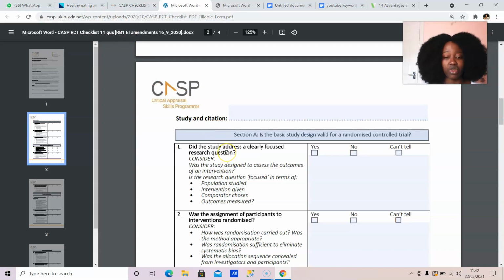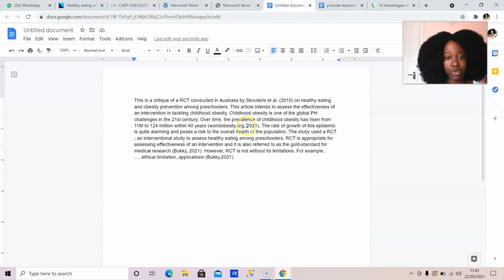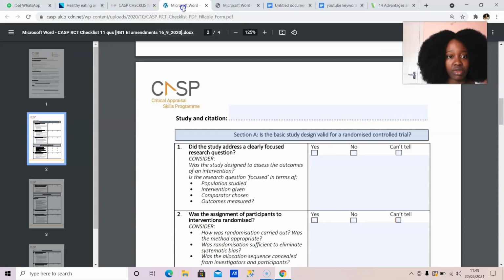They had their research question, which was: would educating the parents on certain dietary and activity levels of their preschoolers help to reduce obesity among the preschoolers? So you go back to your write-up. When you go back to your write-up, you put it there. Let me look at the question again.